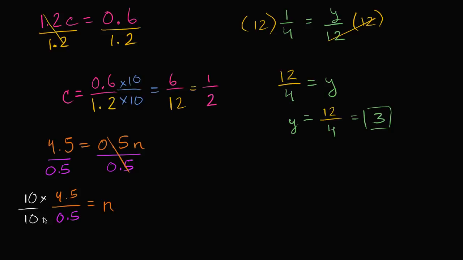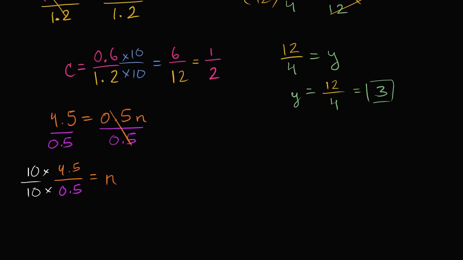Once again, it has to be multiplying the numerator and the denominator by the same thing. We're multiplying by 10 over 10, which is equivalent to 1, which tells us that we're not changing the value of this fraction. So this is going to be 45 over 5 is equal to n.